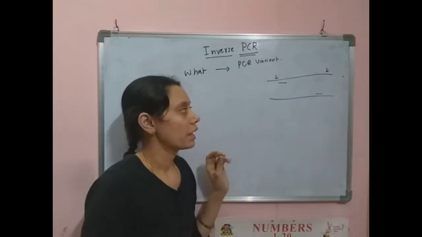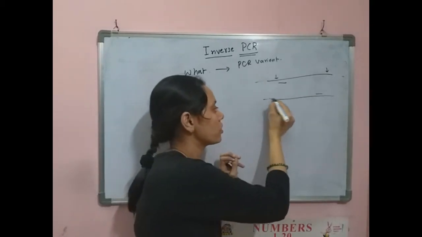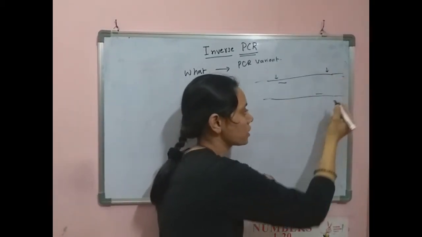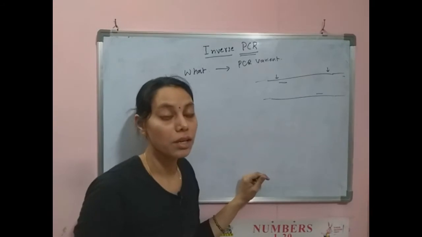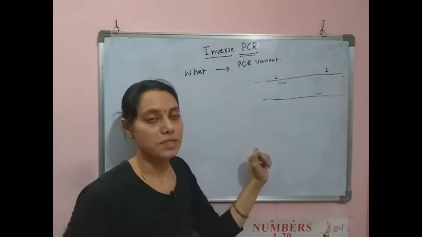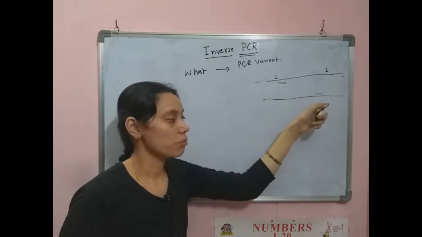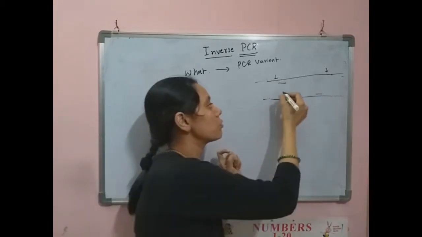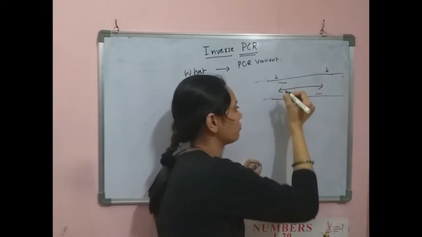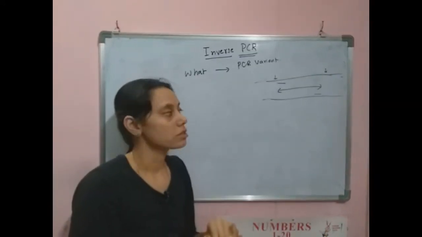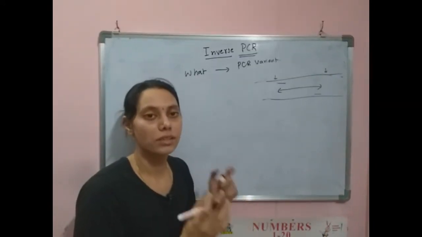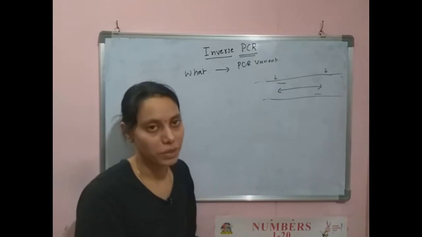The template DNA may be very lengthy, but we trigger a certain portion of the DNA based on the primer design. That means the forward primer goes somewhere and the reverse primer goes somewhere, and the portion present between them will be amplified. That is how we trigger a certain portion of the DNA in conventional PCR.